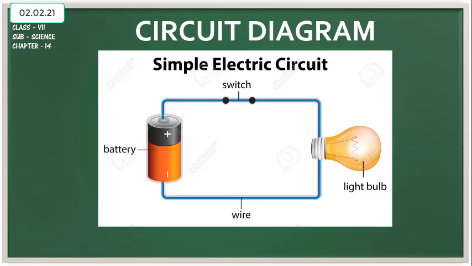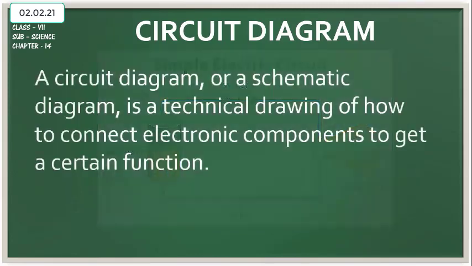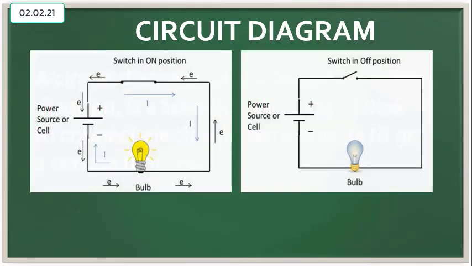It is a diagram which tells us how the various components in a circuit have been connected by using the electrical symbols of the components. We usually represent an electric circuit by its circuit diagram. Here you can see the image of a closed circuit and an open circuit.